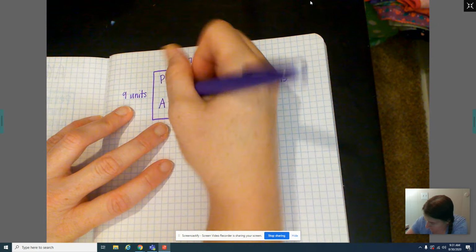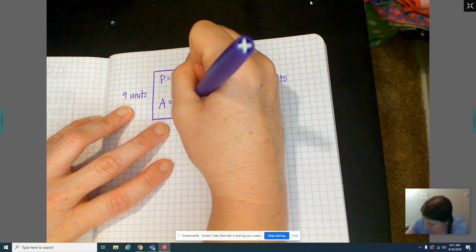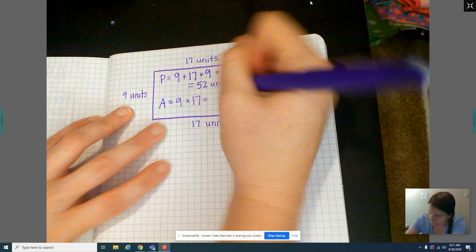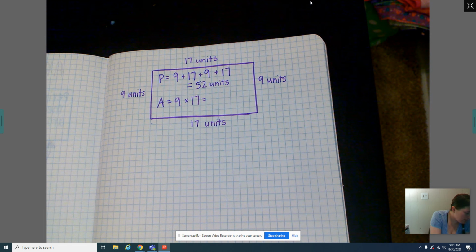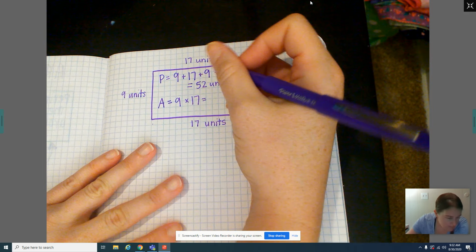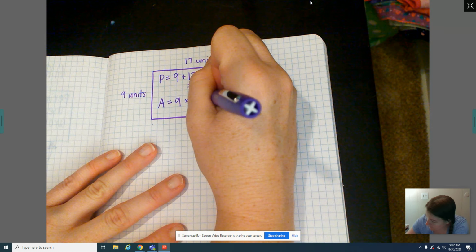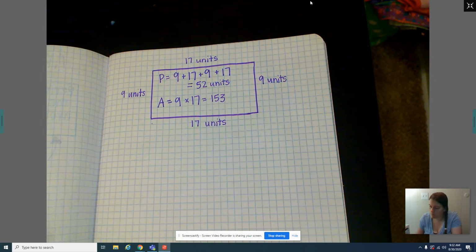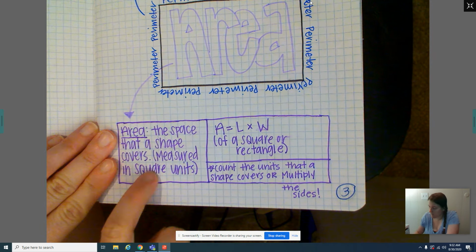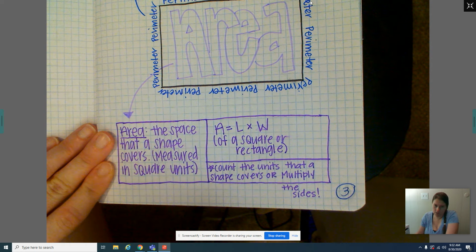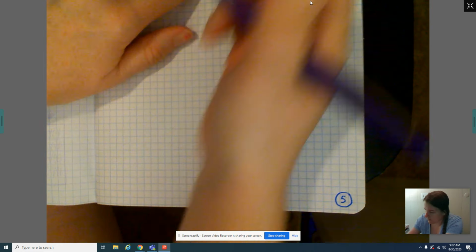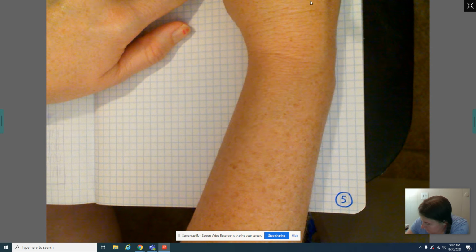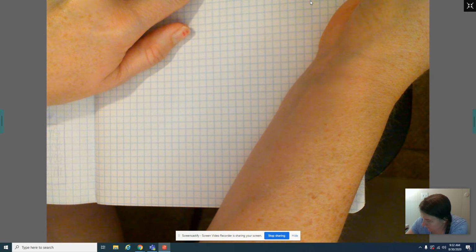It doesn't really matter which one you do first. You can use a calculator for that. You don't need to do that in your head. 9 times 17 is 153. Now remember, one of the notes that we took for area was that it's measured in square units. So what that means is that when I write my answer, I'm going to write U squared. Okay?